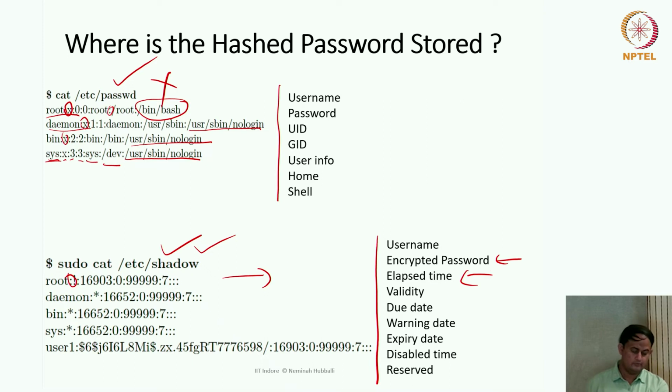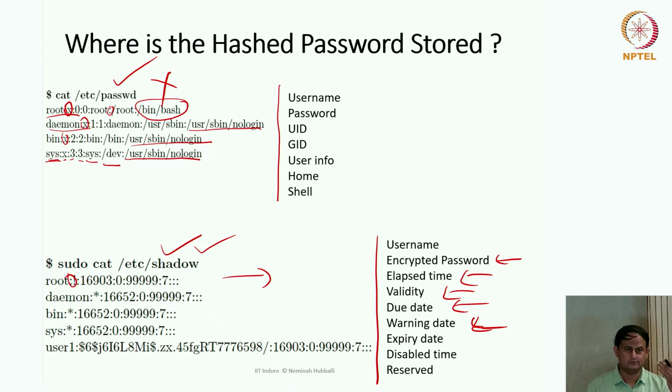The remaining columns are times. So when was the last time the user changed the password, and what is the validity of this password, when the password is due to be changed. If we want to warn the user before the change, let's say the password expires after 1 week, then 1 week before that you tell the user that the password expires. That is called the warning date.